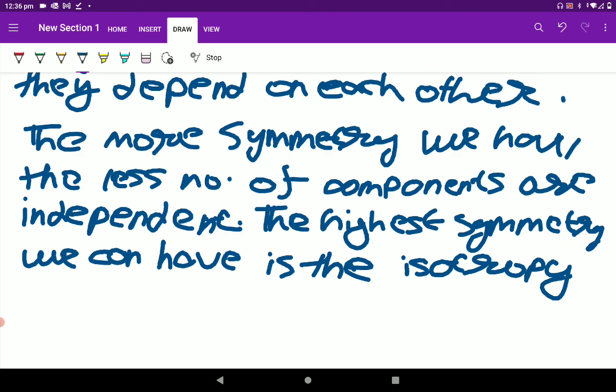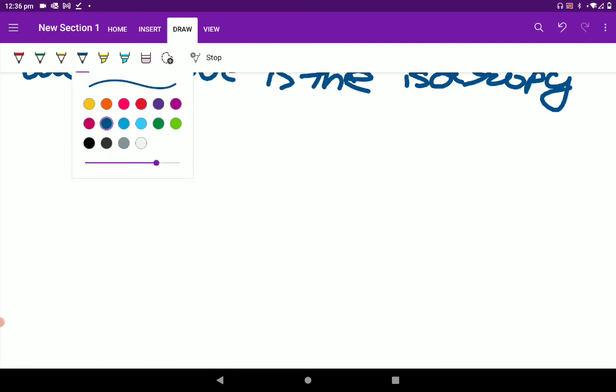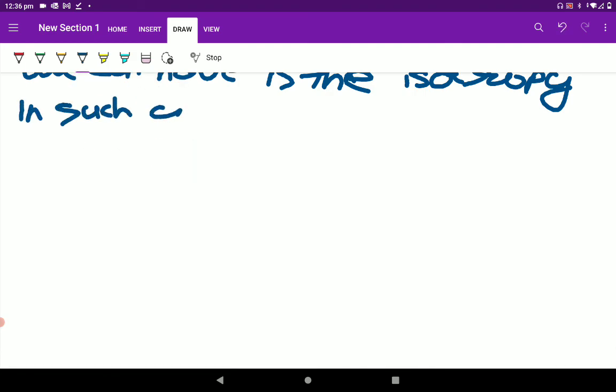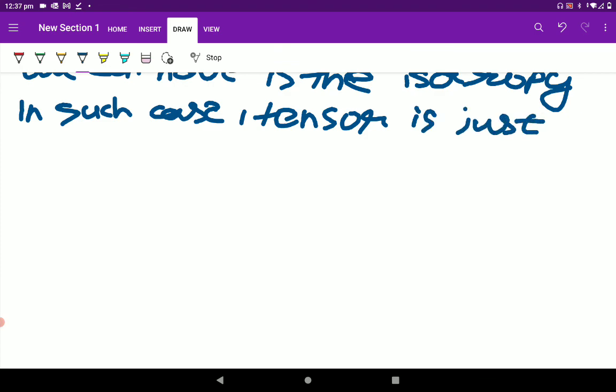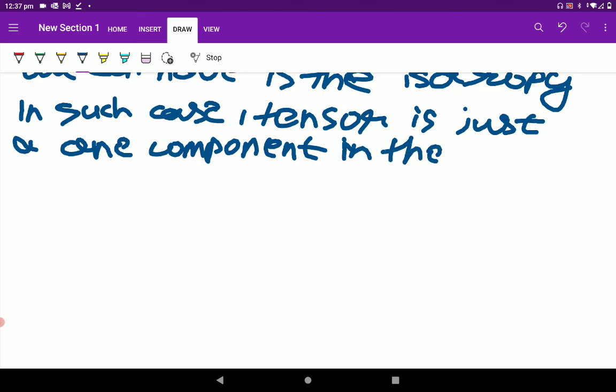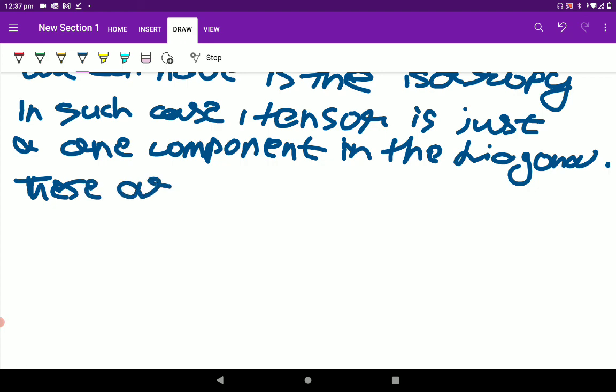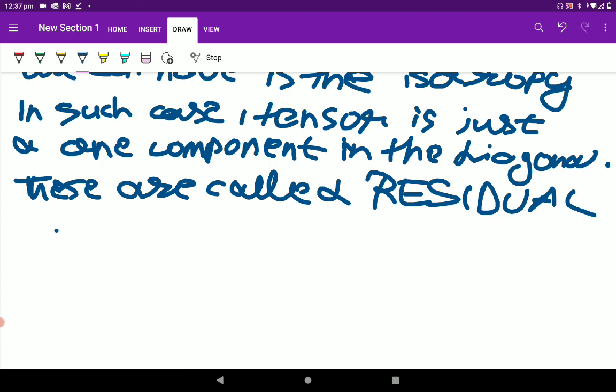In such a case, the tensor is just one component in the diagonal, and these are called residual symmetries.